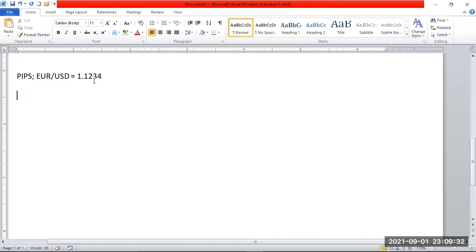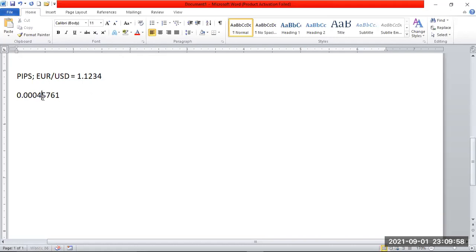So this 4 now here is 4 pips. If I do my calculation and I get something like 0.0004, okay, let me say 567, for instance, I'm calculating my pip from the fourth decimal place.